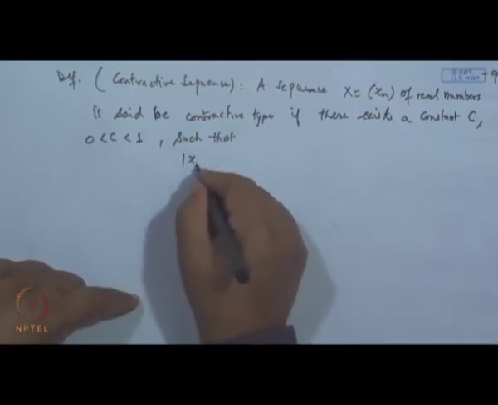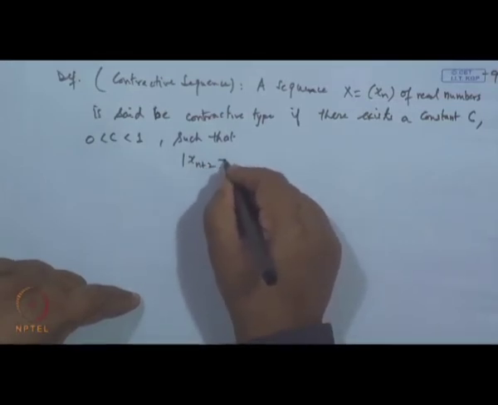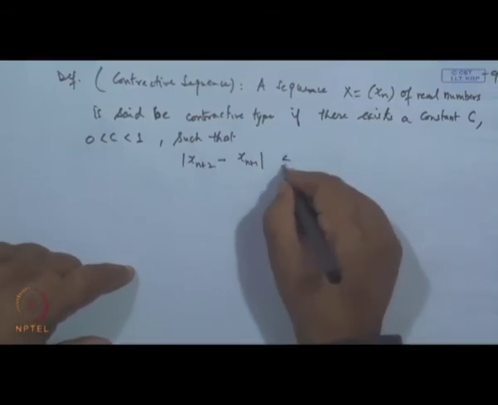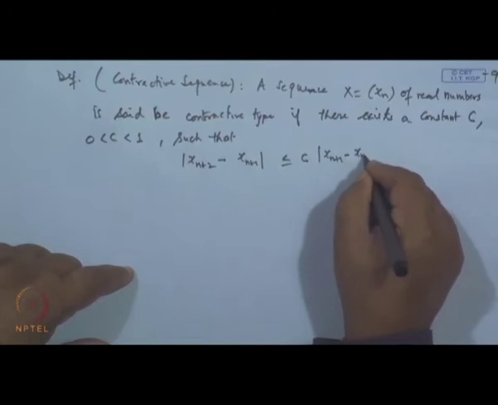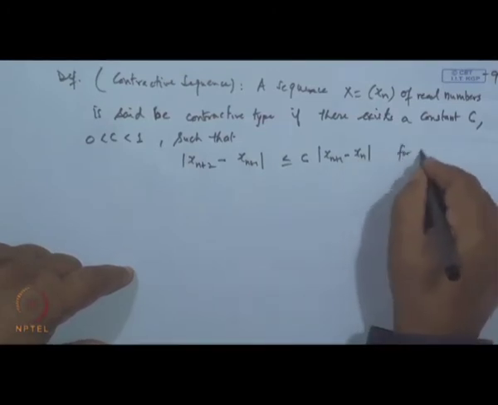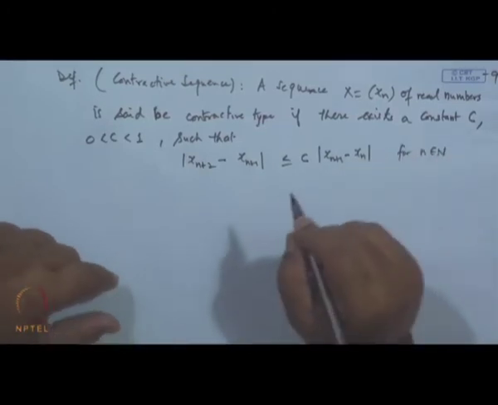mod of x n plus 2 minus x n plus 1 is less than or equal to c times mod x n plus 1 minus x n, and this is true for all natural numbers n. Okay.